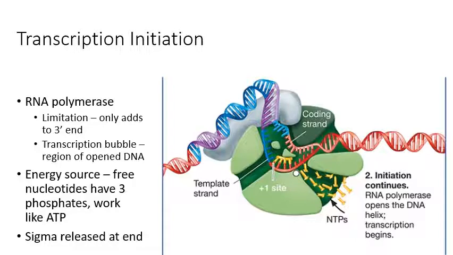Okay, so in order for RNA polymerase to actually grab onto this stretch of DNA, it's going to need to split open the two strands from the helix. And it will end up feeding them through it. The template strand will be the one down on the bottom, and you're going to have nucleotides feeding into the RNA polymerase.